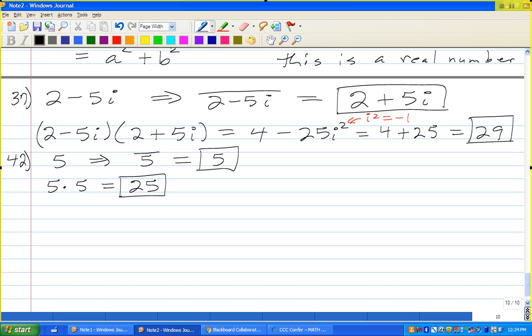Let me do problem number 43. So 43, 1 over 2 minus 5i.